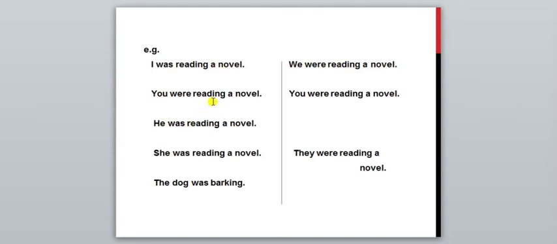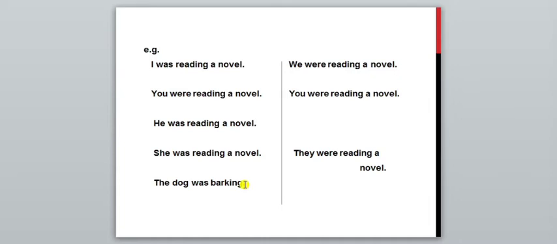You were reading a novel. He was reading a novel. She was reading a novel. They were reading a novel. And the last sentence, the dog was barking. See, what is there? Till the ing form the sentence is there.